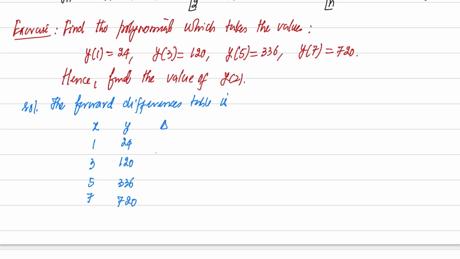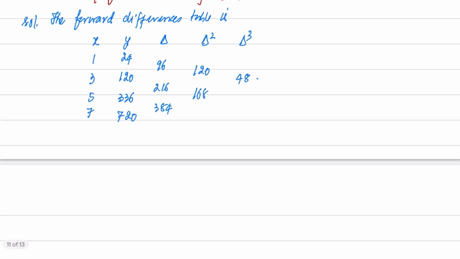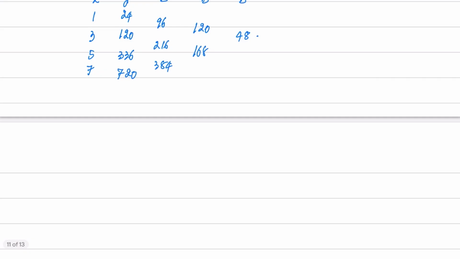Now values of delta are 96, 216, 384. Values of delta square are 120 and 168. Values of delta cube, that is 48. So this is our first forward difference table.